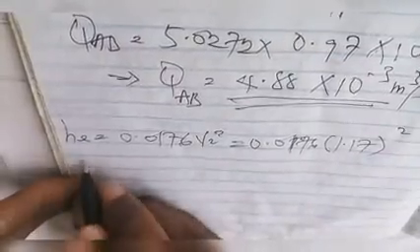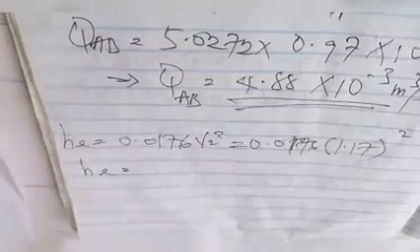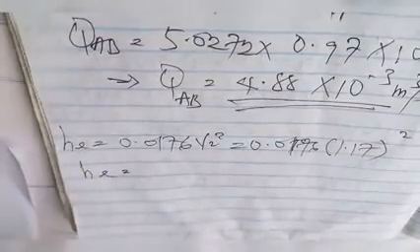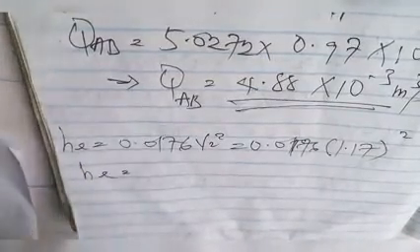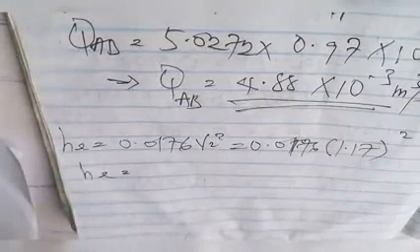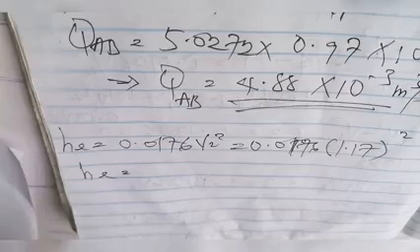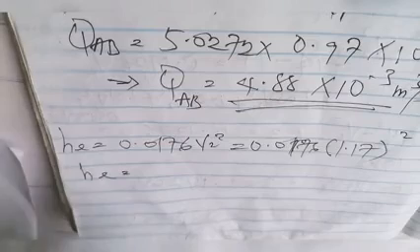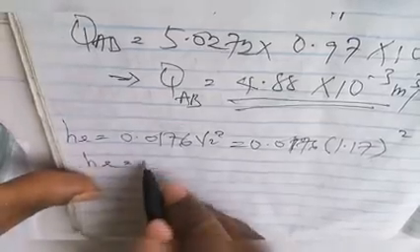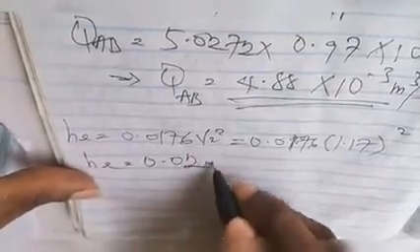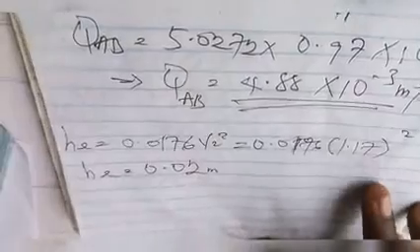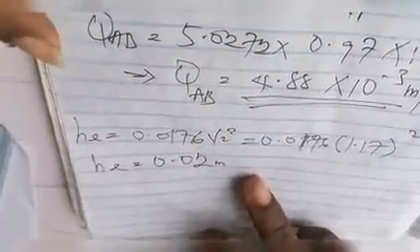Alright, so that means by value, head loss due to entrance is equal to 1.17 squared multiplied by 0.0176. So we have that to be 0.02 in meters. So head loss due to entrance is 0.02. Mind you, the units are always in meters.